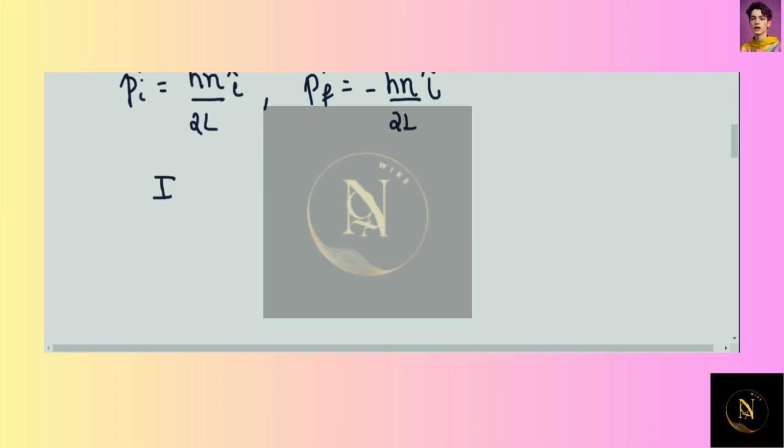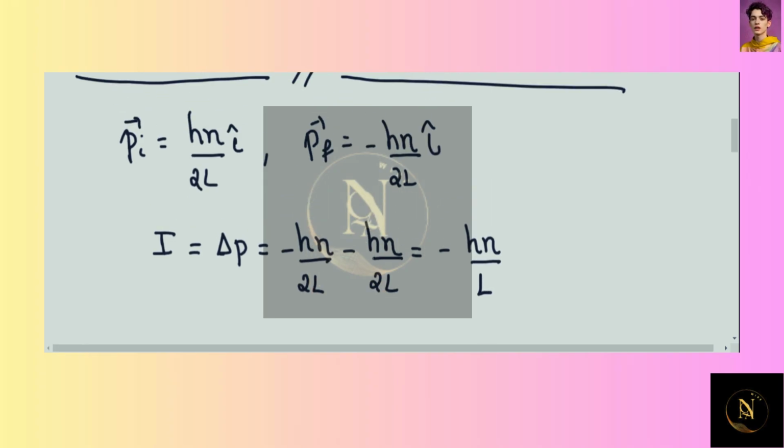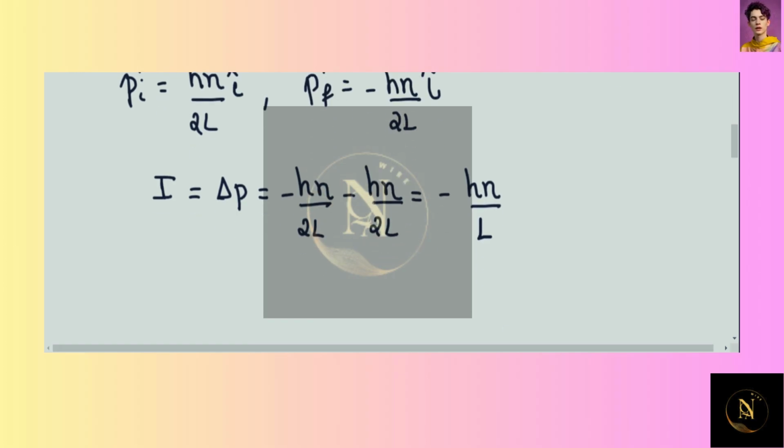So the impulse I is the variation, which is minus hn divided by 2L minus hn divided by 2L, which means that the impulse is minus hn divided by L. Okay, also in the x direction, but pointing to the negative x direction.